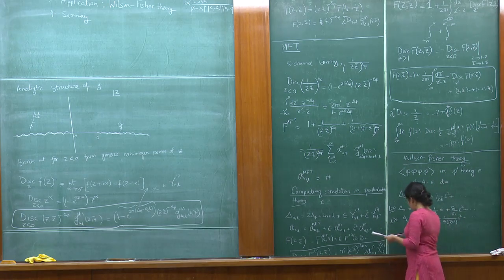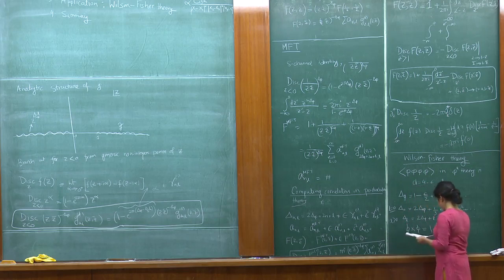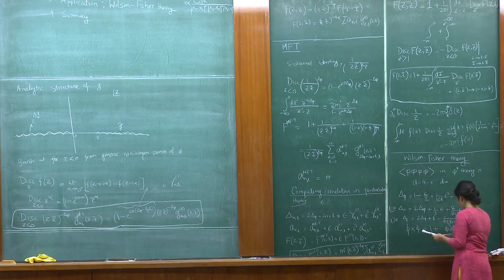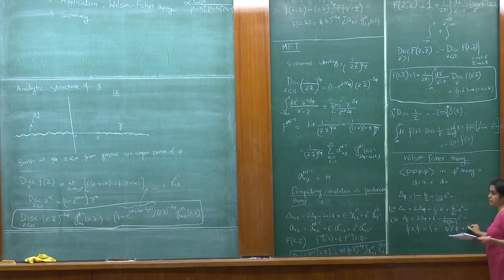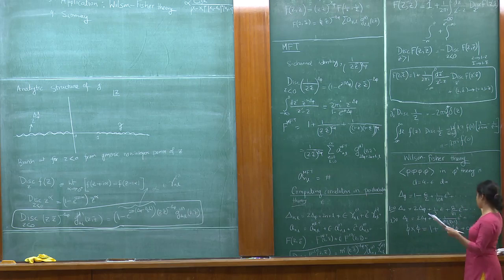At this point we are using the fact that the phi phi OPE contains the identity and double trace operators at leading order, and all the other operators are suppressed in epsilon. So these are the inputs.